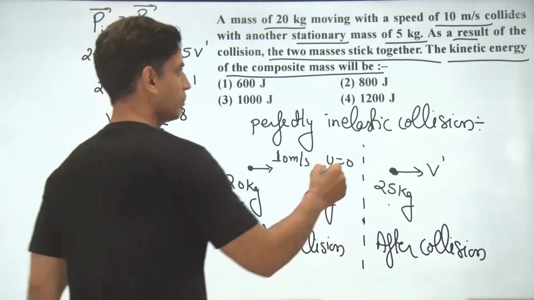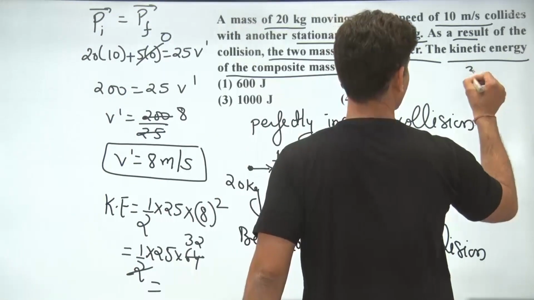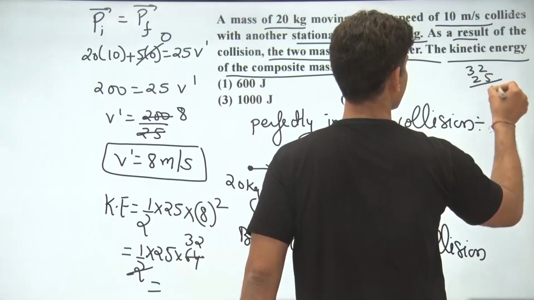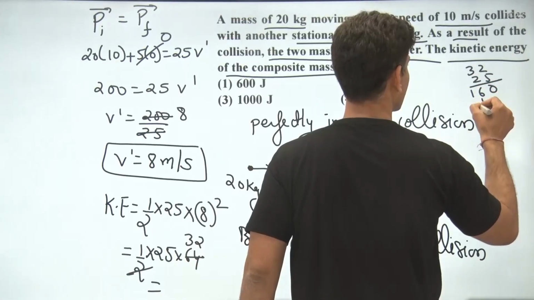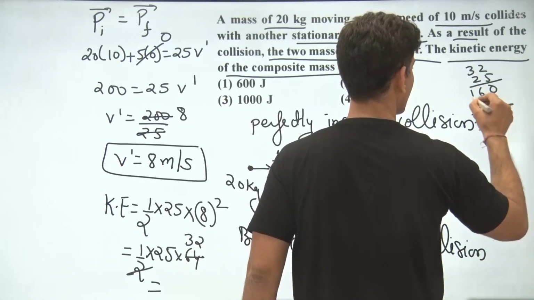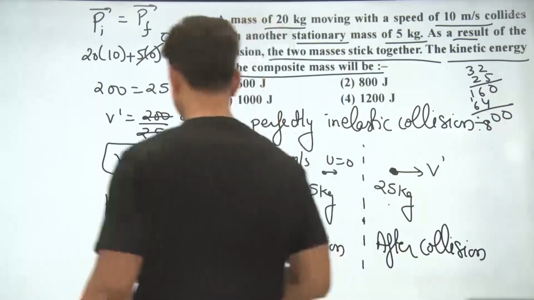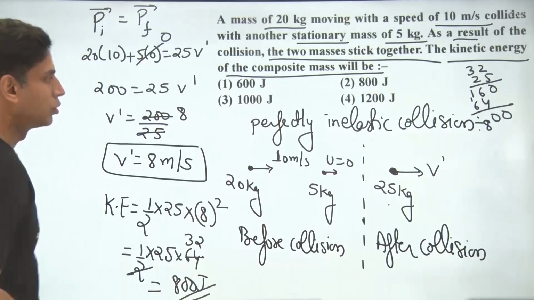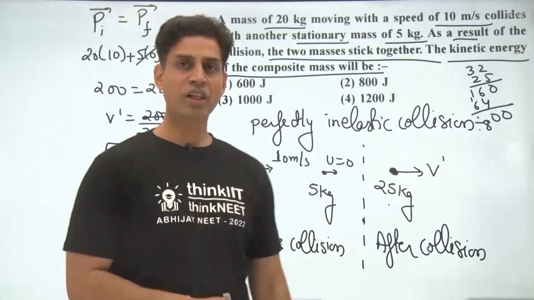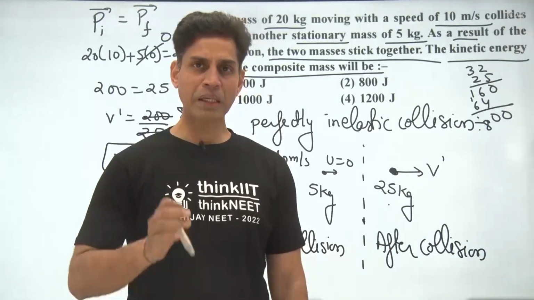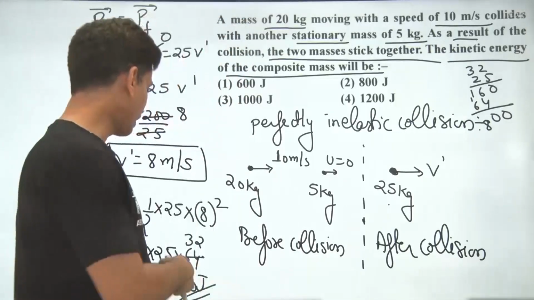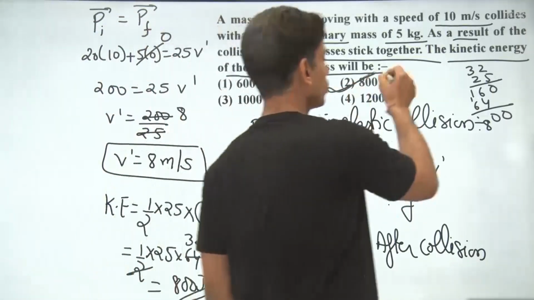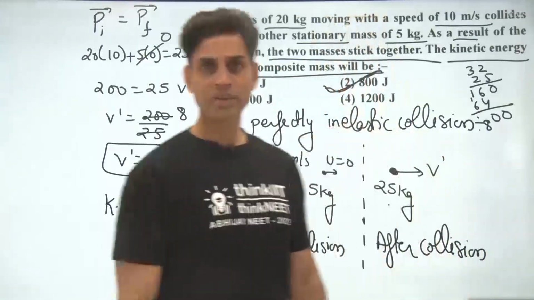Now here I am doing the calculation. 32 into 25 comes out to be 800 joule. So the kinetic energy of the composite mass after perfectly inelastic collision is 800 joule. That is option number 2 is the correct answer. Got it?